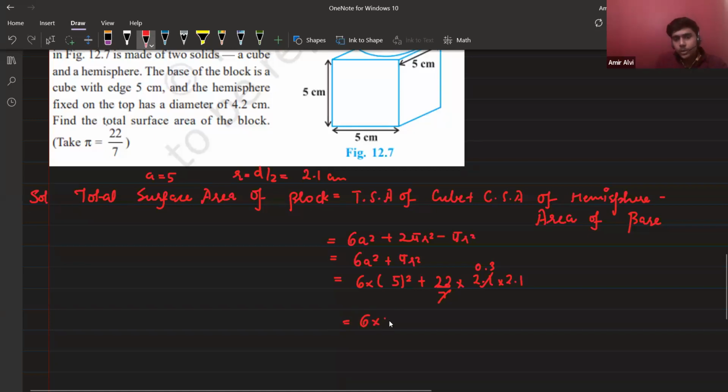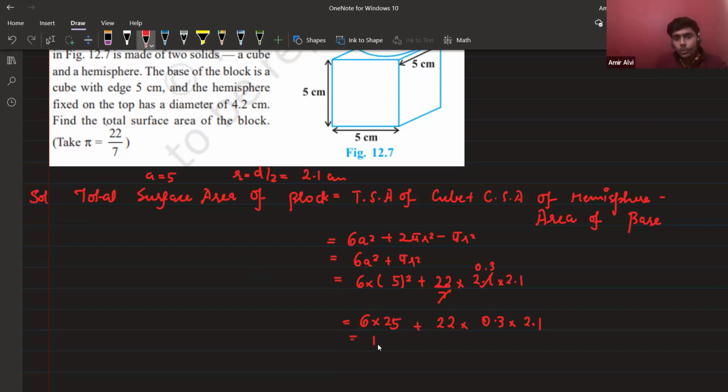So 6 into 25 plus 22 into 0.3 into 2.1. So it is 150 plus 22 into 6.3, which comes out to be 13.86.